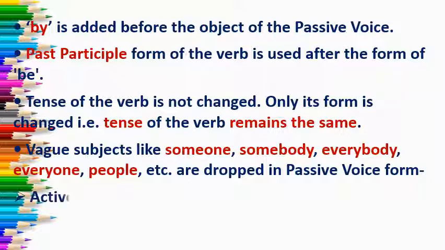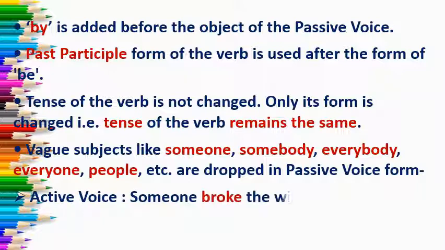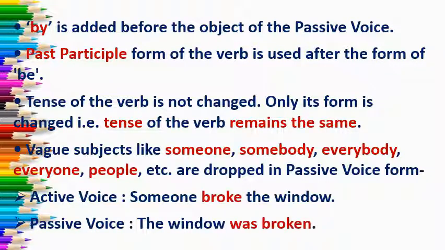To clarify it, let's see an example. Active voice: someone broke the window. Here someone is the subject, broke is the verb, the window is the object. When we convert this sentence into passive voice, the sentence will be: the window was broken.